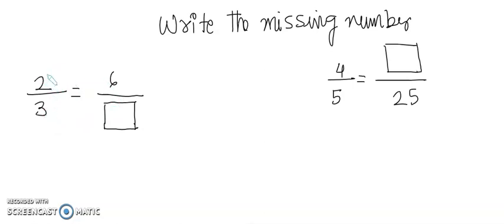2 by 3 is the fraction whose equivalent fraction you have to find. If you see, 6 has come because you multiplied 2 by 3, you get 6.